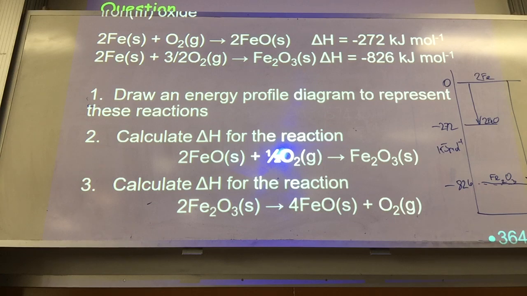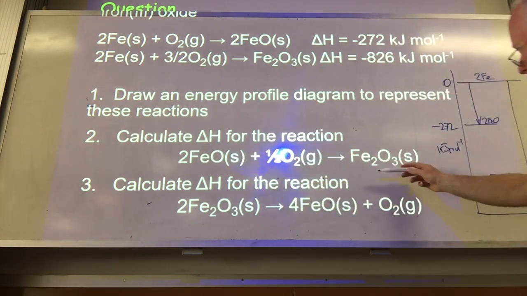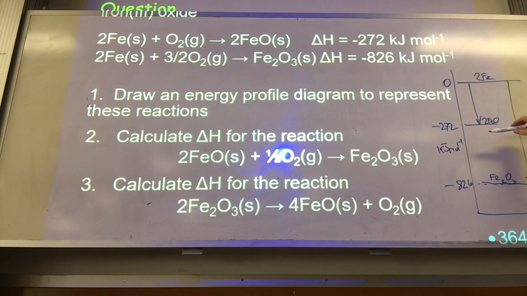So, what's the question asking us for? Question 2 is asking us for 2FeO to Fe2O3. So 2FeO here, down to Fe2O3 here. So that's pretty straightforward. It's simply going from here to here with the same number of moles. So we're going down, so it's going to be exothermic, and delta H is going to be the difference between those two.